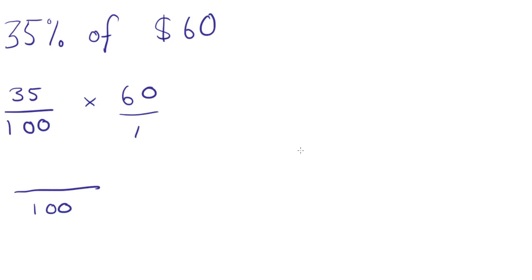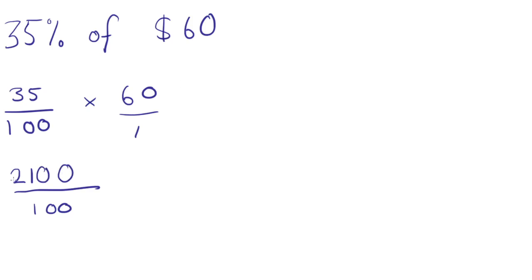We can say 3 times 6 is 18. But we're going to go 3.5 times 6 is 18, plus half of 6 is 3, which gives us 21. And then I need to add a 0 there, and a 0 there.